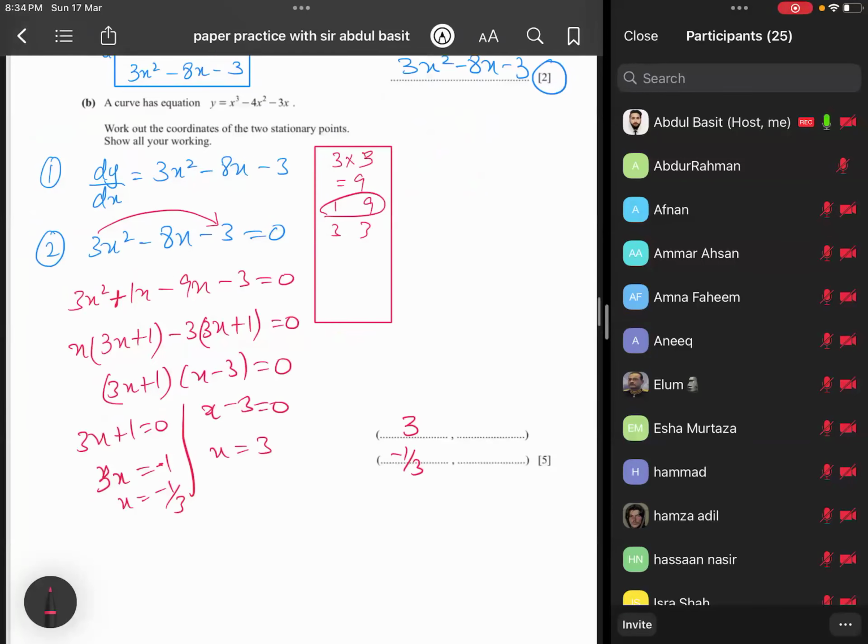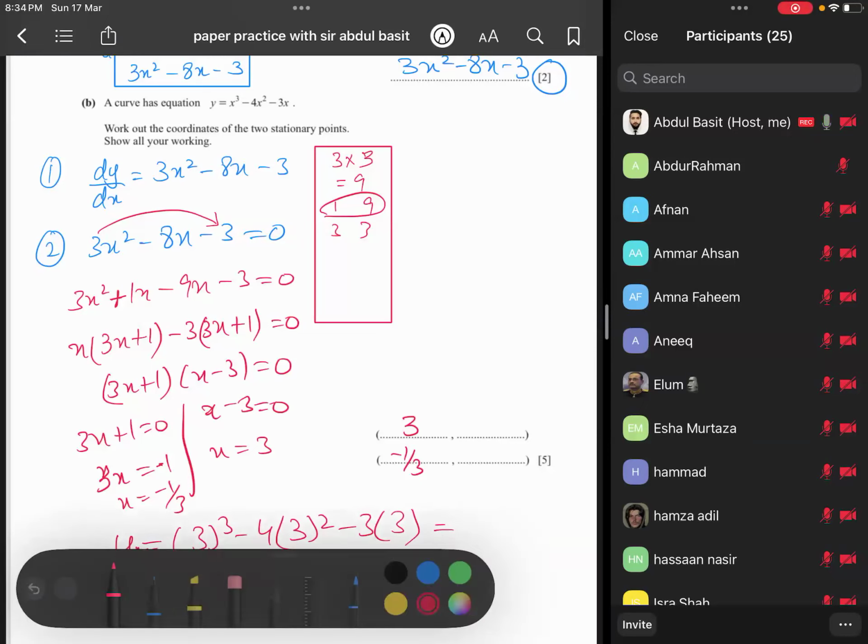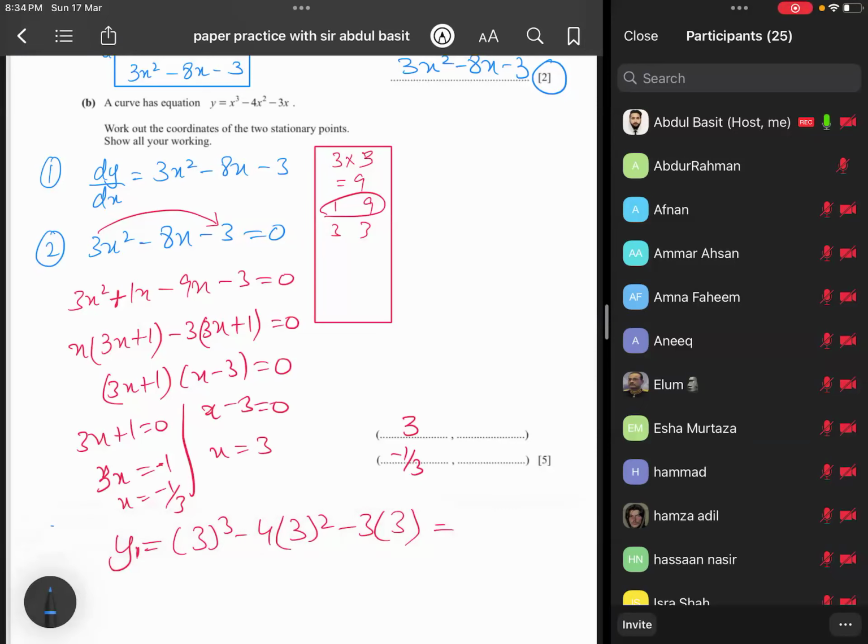Now to find y, put it in the question. So y is equals to x cube, means 3 cube minus 4 into 3 square minus 3 into 3. But please do this in the calculator. What is the coordinate of y1?